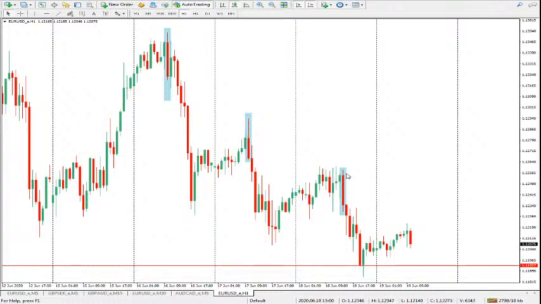On Thursday, which was yesterday, the price closed below the low of the day before. And right now we expect the same thing to happen. We want the current candle to close below the low of yesterday. If that happens, then expect price to continue much lower. So as it is now, we're basically waiting to see what will happen today. I mean this hour. If the price closes below, we look for a sell.